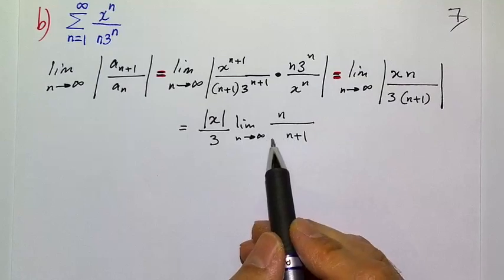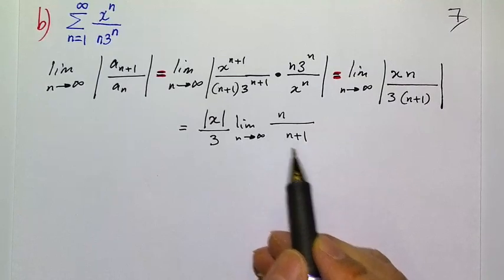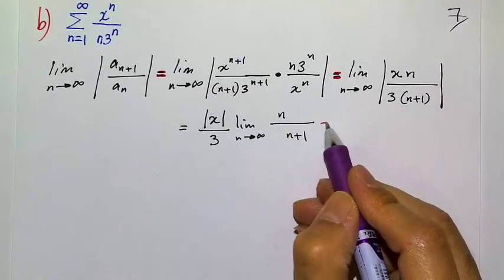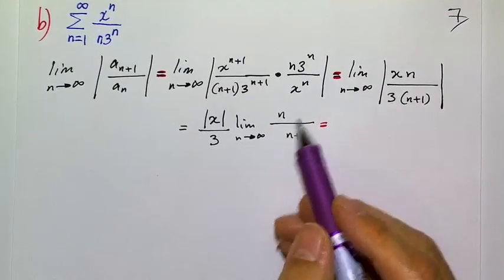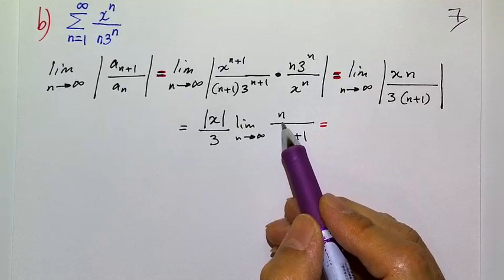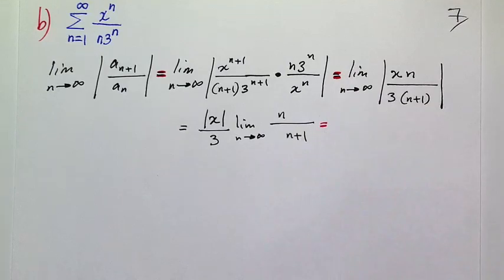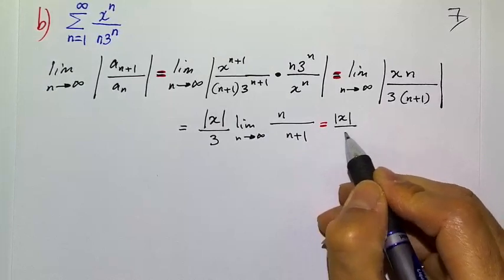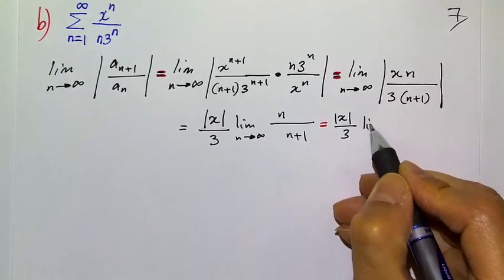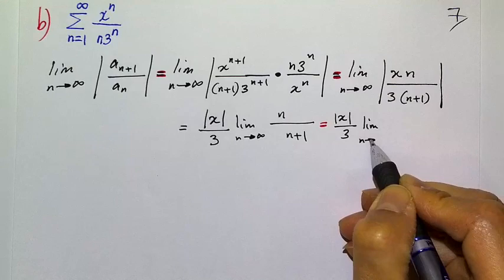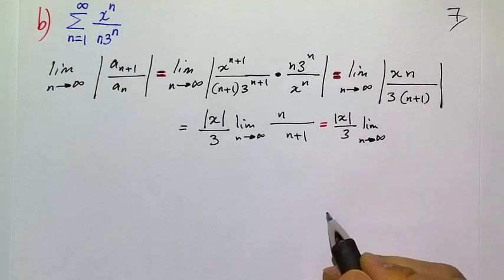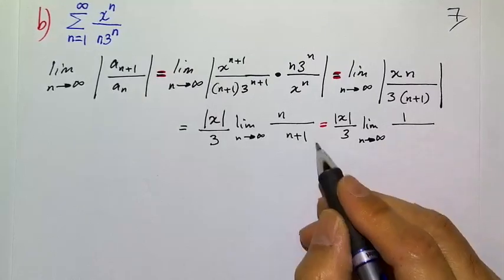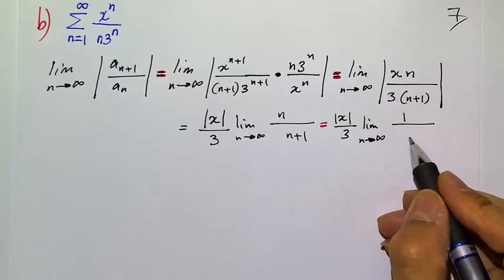Once again, just to be able to apply this limit easier, let us rewrite this in a different form. We're just going to divide every term by n. So we have absolute value of x over 3, limit as n goes to infinity of 1 divided by 1 plus 1 over n.